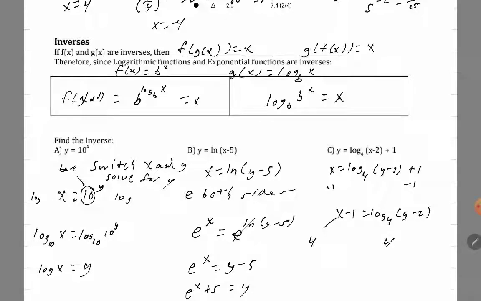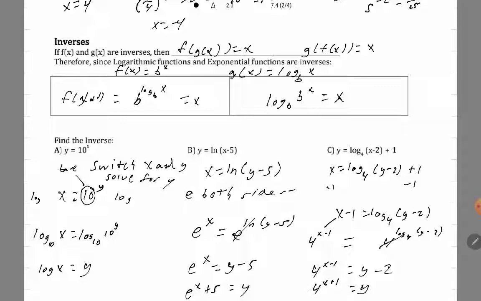So I'm putting this into the exponent here, x minus 1 equals 4 to the log base 4 of y minus 2. Okay. So this is 4 to the x minus 1 equals, these will cancel, and you're left with y minus 2. And then lastly, add 2 over: 4 to the x minus 1 plus 2 equals y.